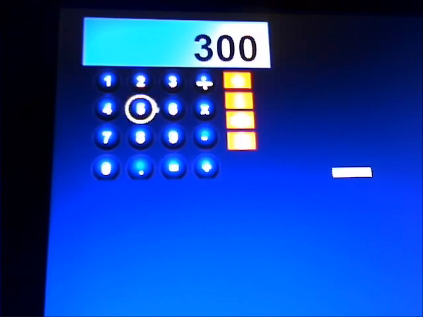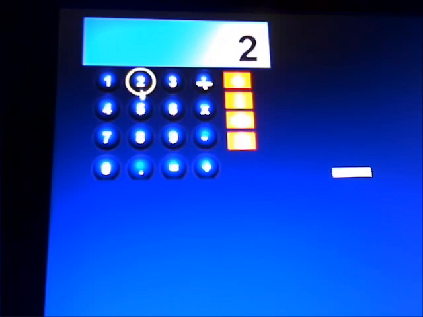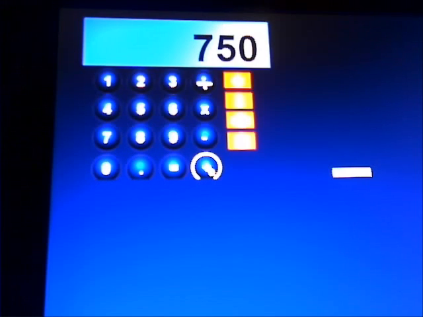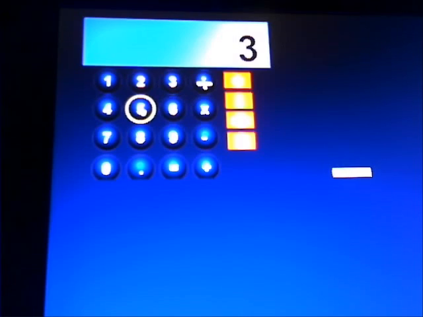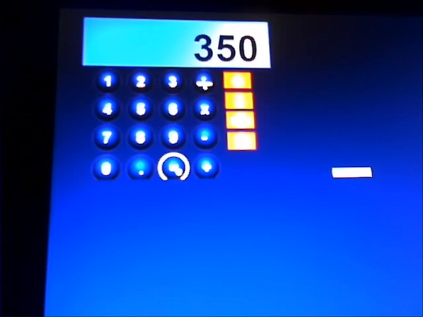Thursday we make 200 sales. On Friday we make 250 sales. On Saturday we make 300 sales. If you think that's good, on Sunday we make 350 sales.